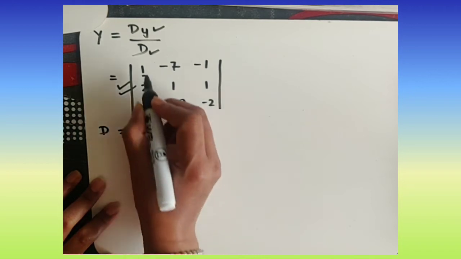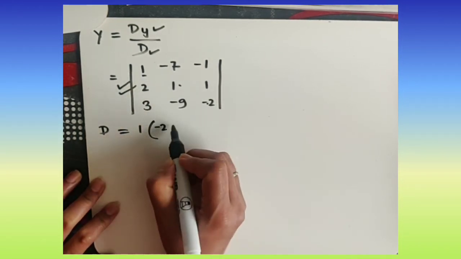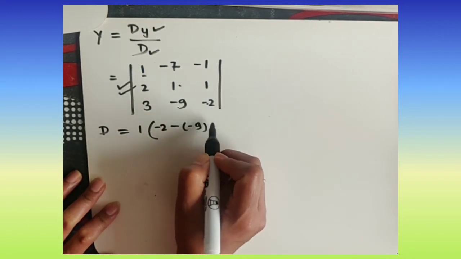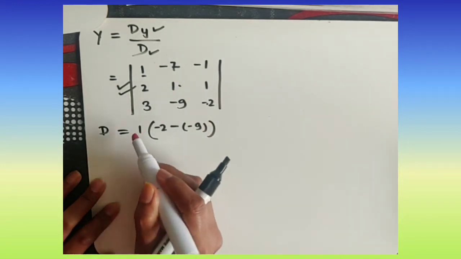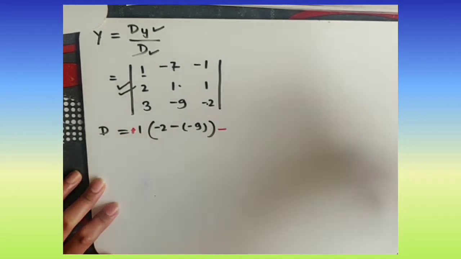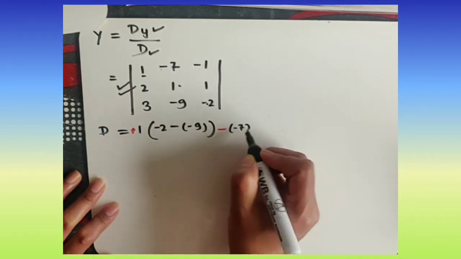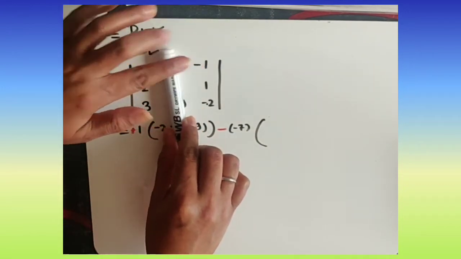Write down, the rule says 1 multiplied by this and this, so this will be minus 2 minus minus 9, put it in the bracket. So here it will be plus and then minus, so this minus and then minus 7, so write down bracket minus 7 and then cover this column and first row.